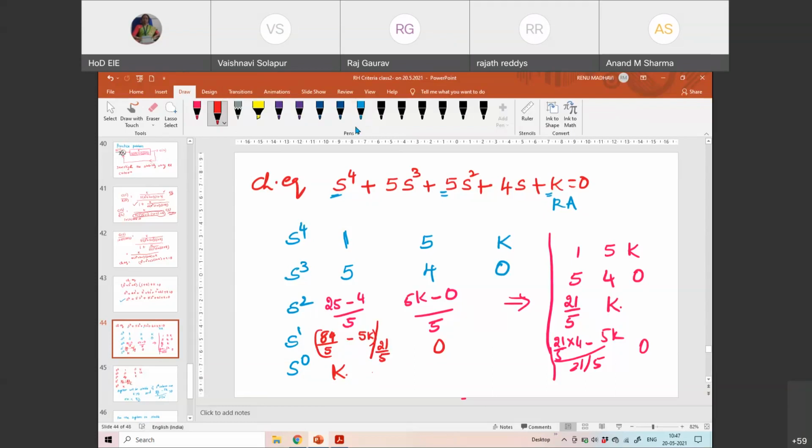Now you should tell me what should be the value of k, or what should be the range of k for which the system would be stable.